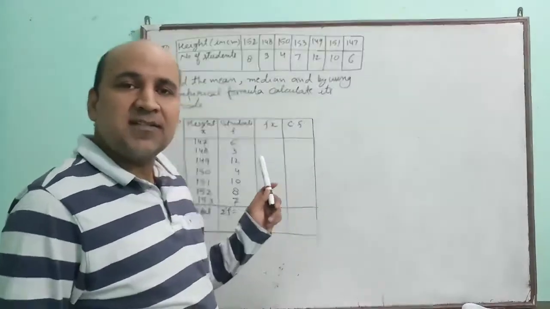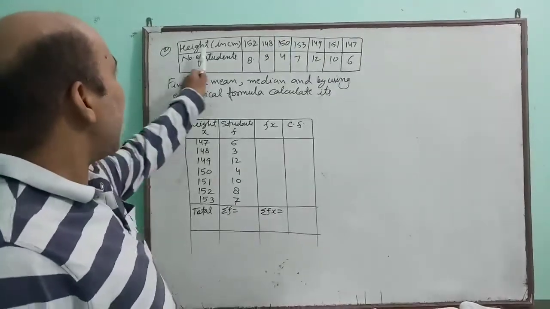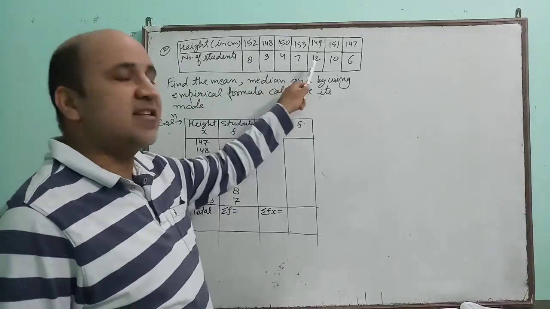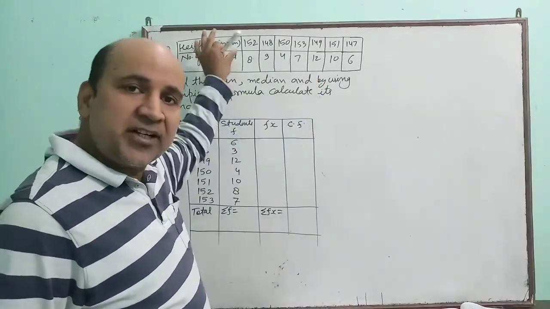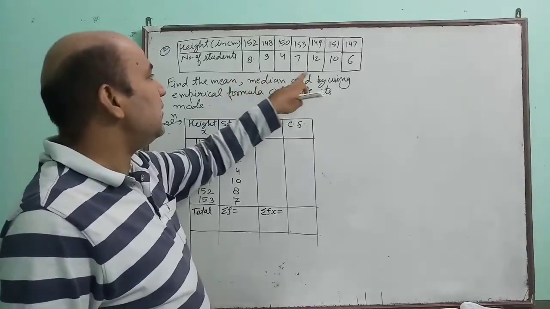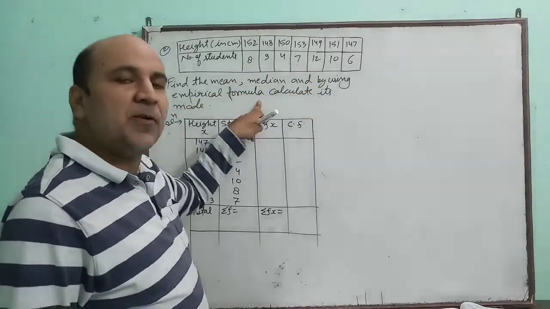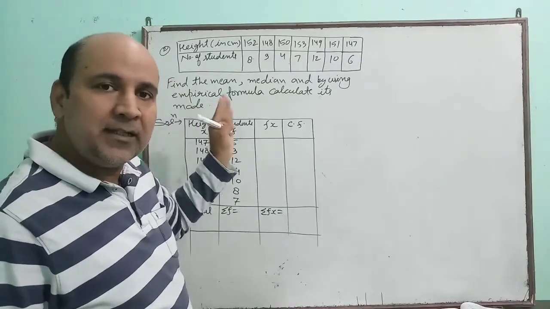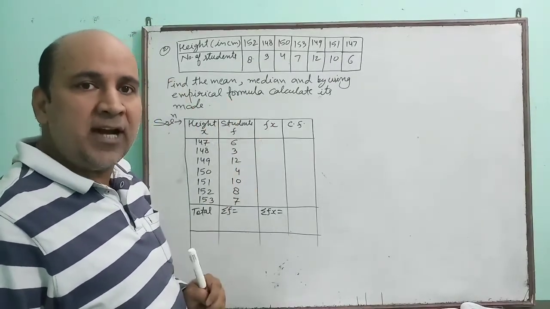Okay children, now see the second question. Here the height of the students is given and the number of students is given. This data has been given and you have to find the mean, median, and by using the empirical formula you have to find the mode also. Mean, median and mode, all three you have to find.